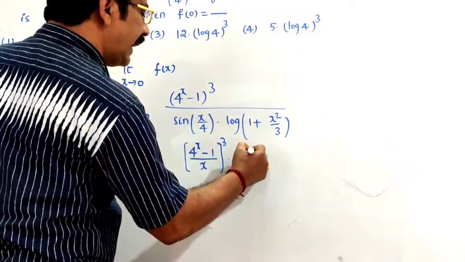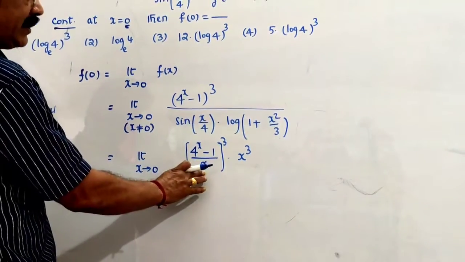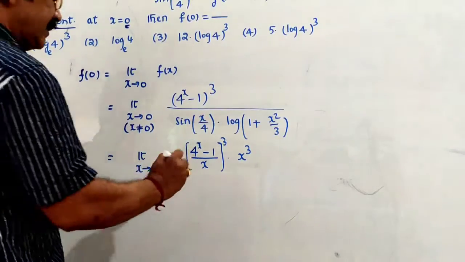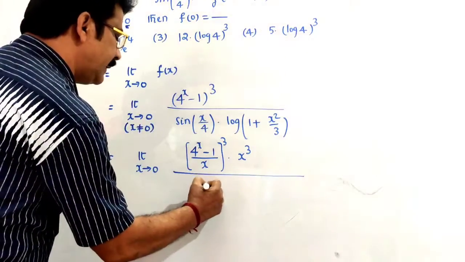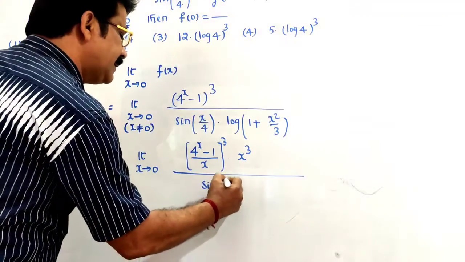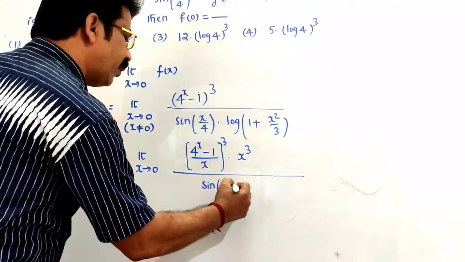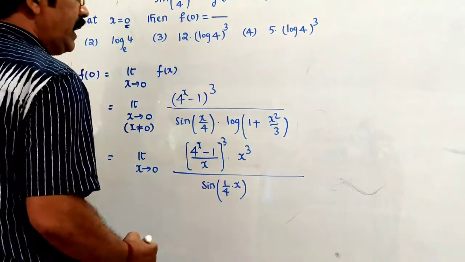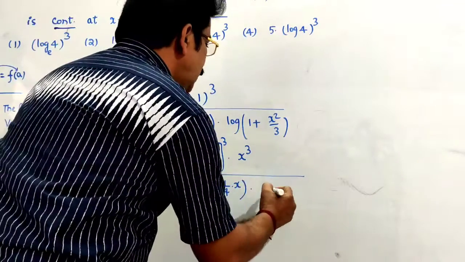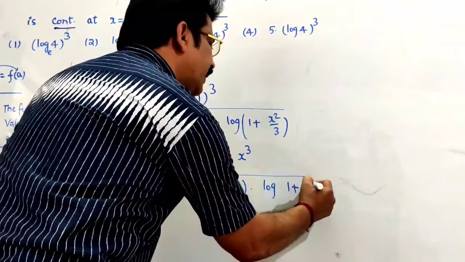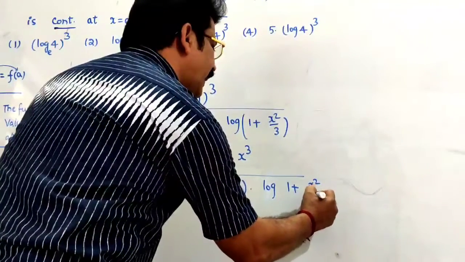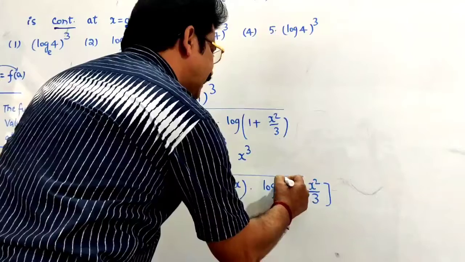So into x cubed divided by x cubed into x cubed. No loss of generality. Whole divided by sine of (1 by 4) into x, into logarithm of (1 plus x square by 3), like that.